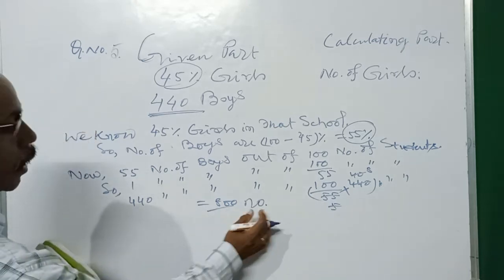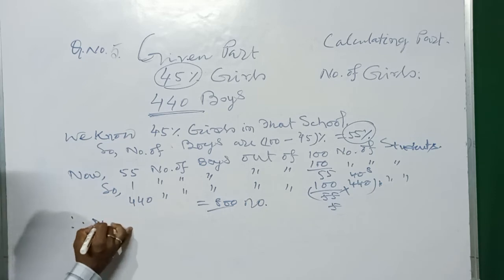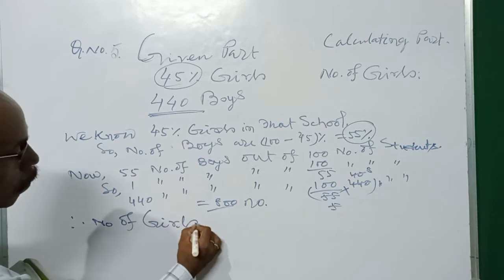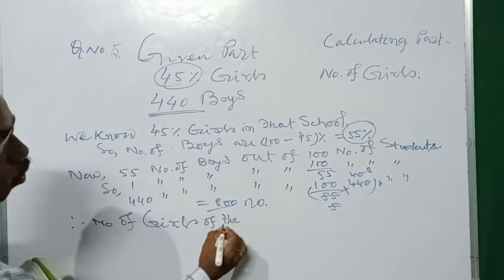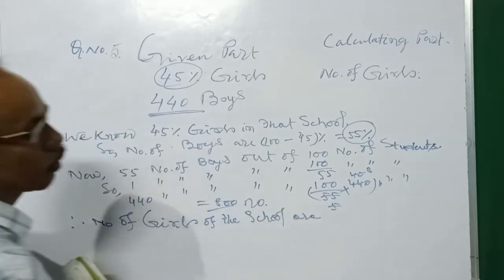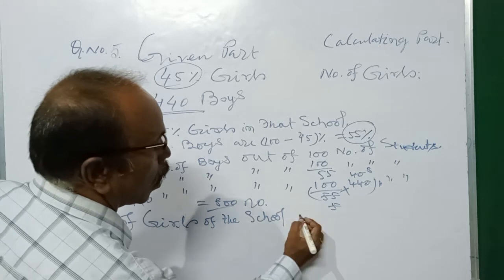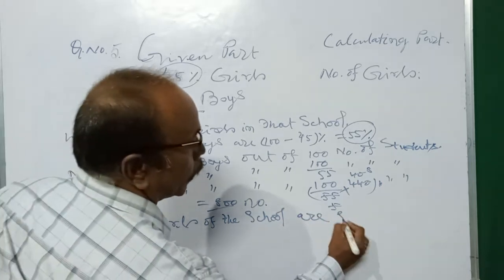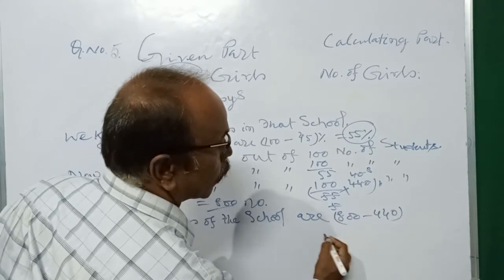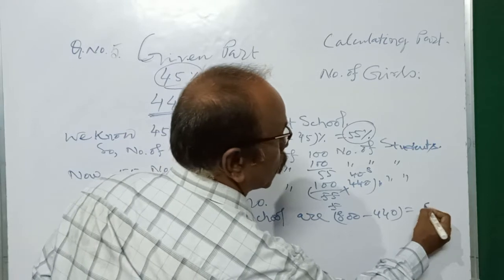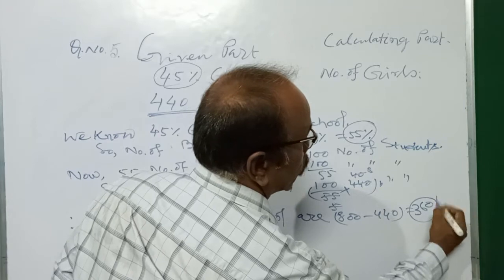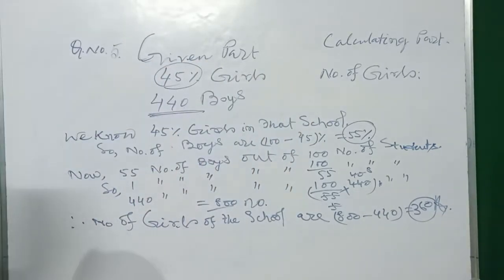Therefore, the number of girls in the school is 800 minus 440, which is equal to 360.